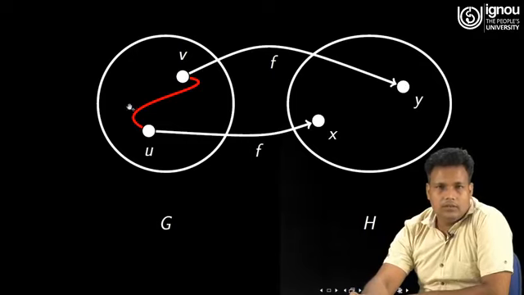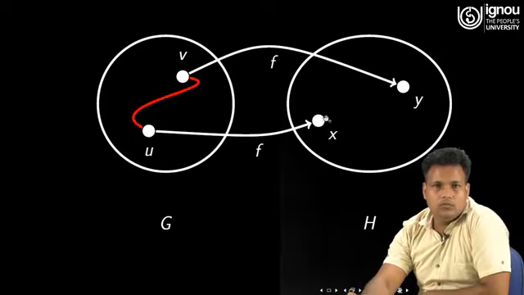So we can specify the vertices on this path, say W0, W1, W2 and so on, where W0 is the first vertex U and W1 is the second vertex. If W1 is adjacent to U, then the image of W1 under F, that is F(W1), would be adjacent to X, right, because F is an isomorphism.